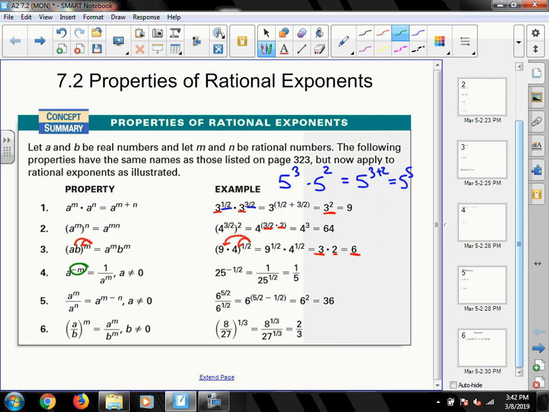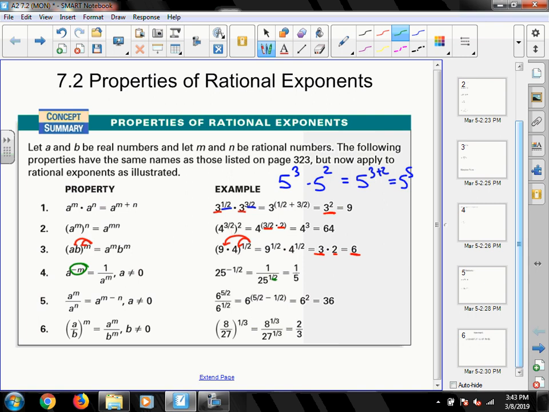Then leave your answers as fractions. So if I take 25 to the negative 1/2, that negative tells me I need to go to 1 over 25 to the 1/2, and remember, 1/2 is the square root. The square root of 25 is 5, so I end up with 1/5.